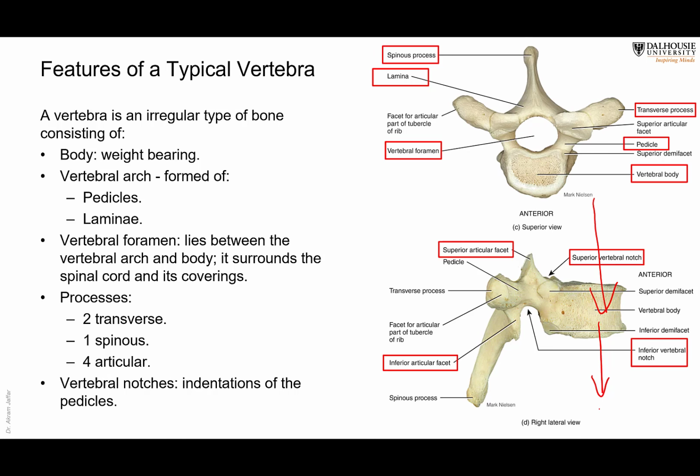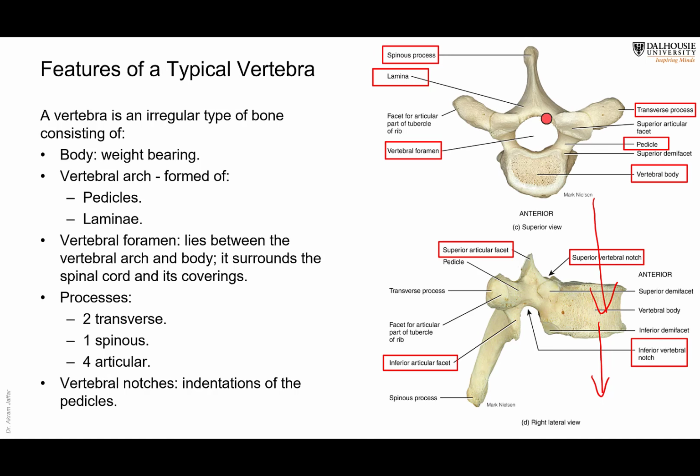So for example, in the cervical vertebrae, you don't expect big bodies. But as we go down and reach the lumbar region, the bodies become larger and larger until we reach the sacrum, and then the size becomes smaller because the body weight is going to be transmitted to the lower limb. So the body is the weight-bearing part, and then after that we have the arch.